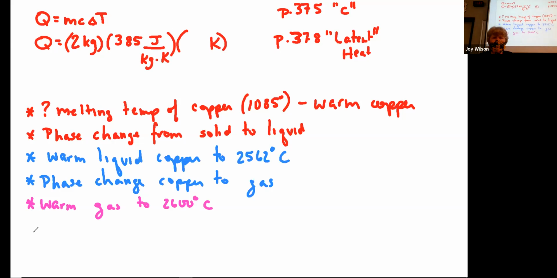All right, now how many degrees do we need to change it? 1085 minus room temperature would be 1065. Kelvin cancels, kilograms cancel. A change of 1 degree Celsius is equal to a change of 1 Kelvin.